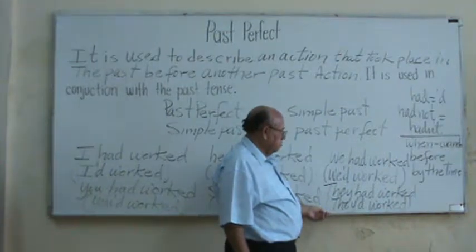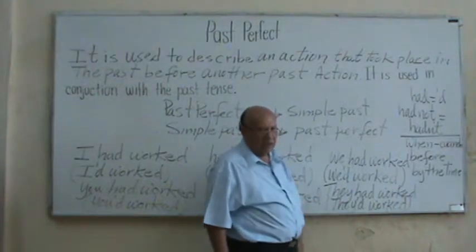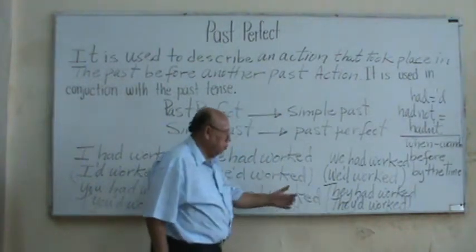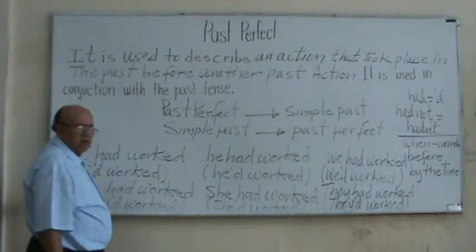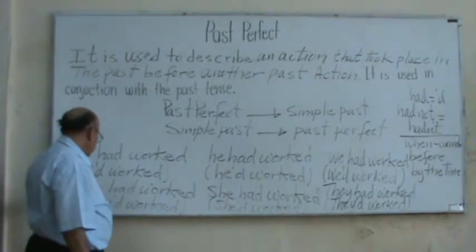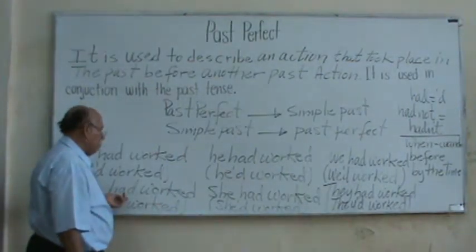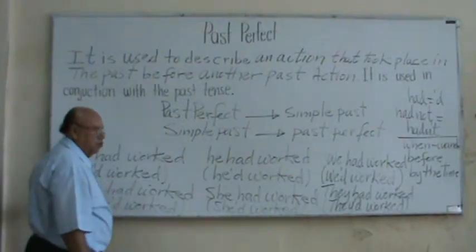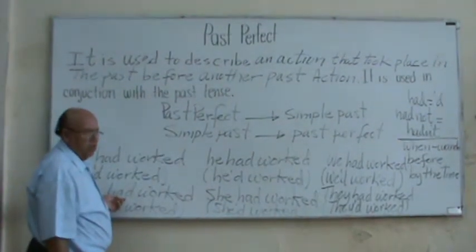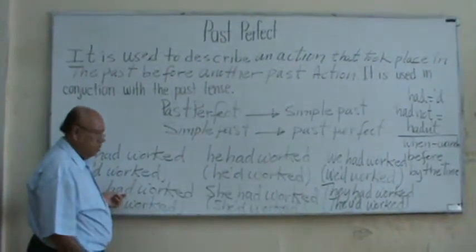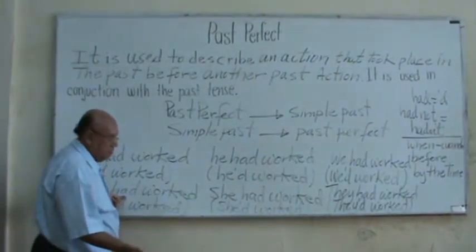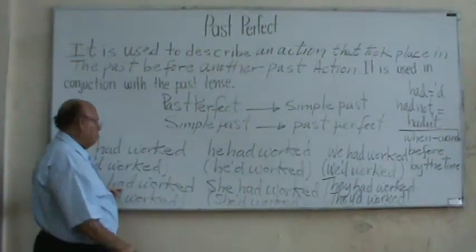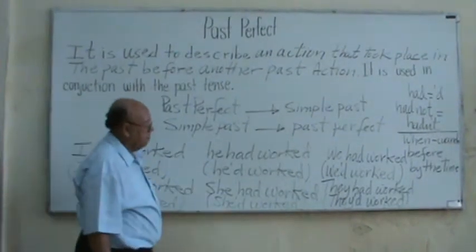Y they'd worked. Ellos habían trabajado. El you here is for singular, for plural. You had worked, tú habías trabajado, for plural, o usted había trabajado, para singular.